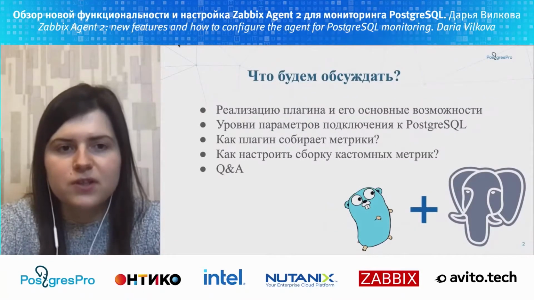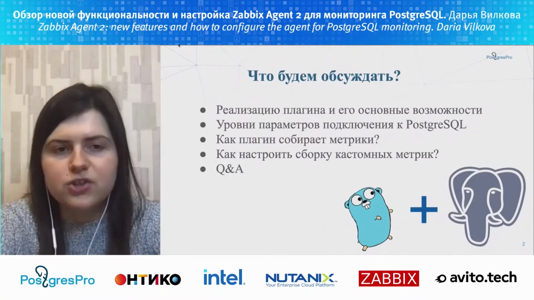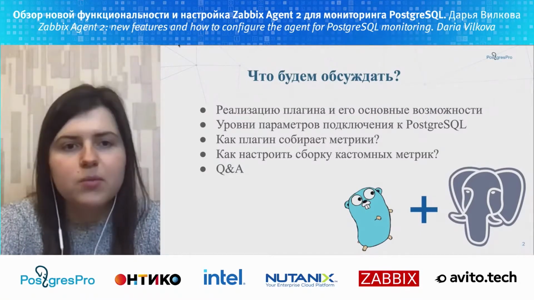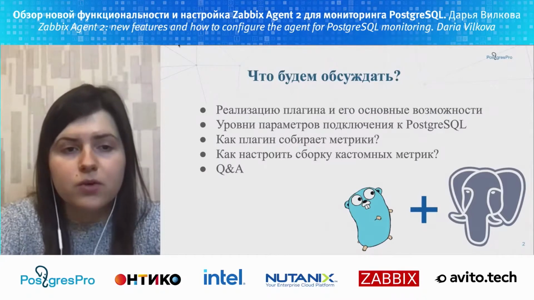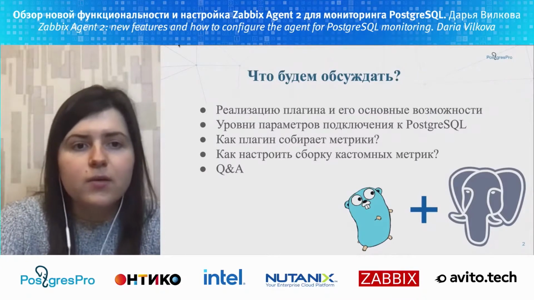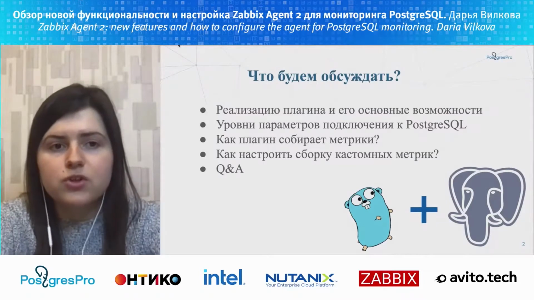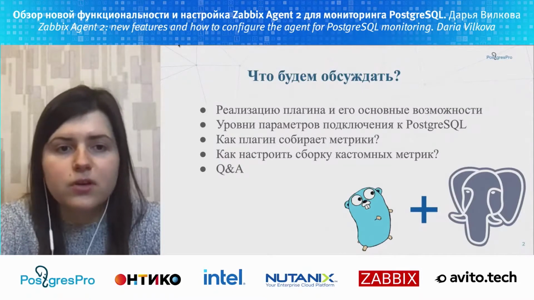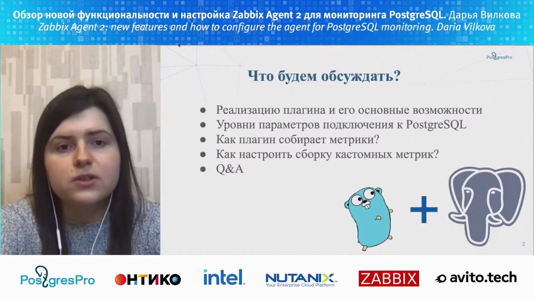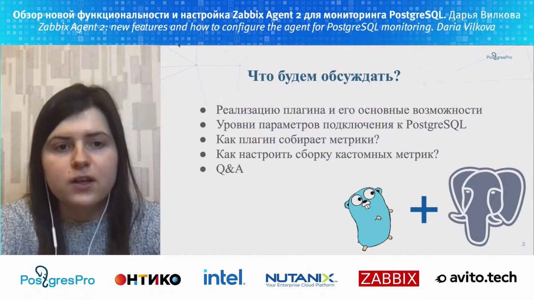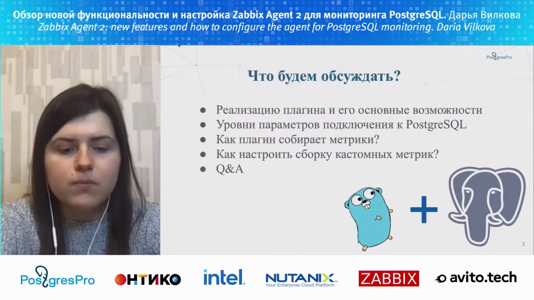Let's see what we are going to discuss in the next 20 minutes. First, I'll tell you about the main functionality of the plugin and details of its implementation. Next, we'll discuss the connection levels available in Postgres. It will help us understand how we set up monitoring of several instances using one agent.